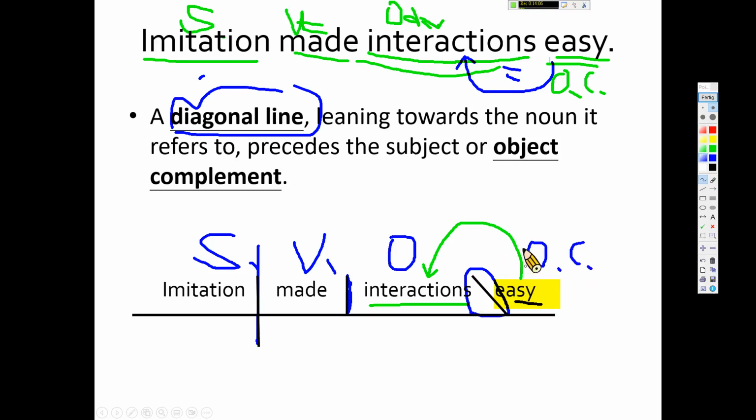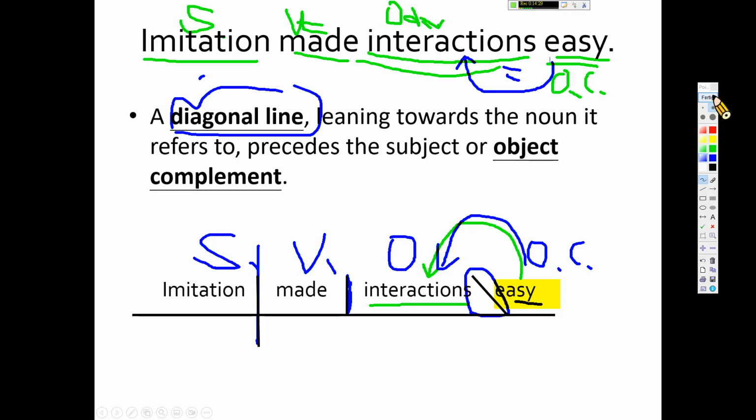So this one is used to complement interactions. So this is the basic structure for imitation, made, interactions, easy. So this is the next one we need to learn about the diagonal line. So the purpose of the diagonal line is to complement.